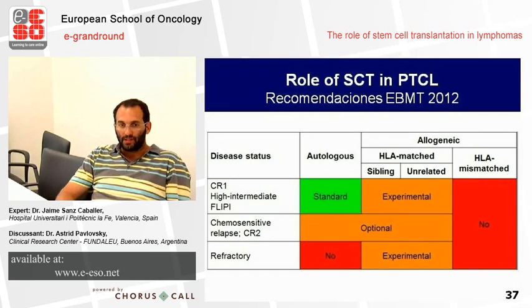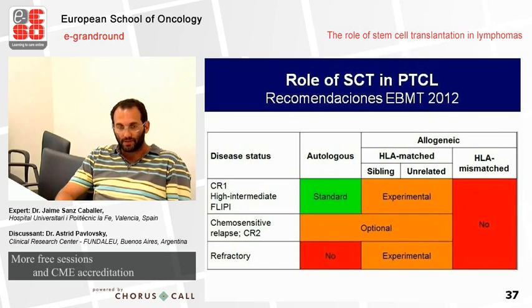Slide number 37. To conclude, the recommendations of the EBMT for peripheral T-cell lymphomas. Peripheral T-cell lymphomas usually have a very poor prognosis. Results exist from phase 2 trials and multi-center retrospective analyses suggesting a positive effect of autologous transplant. These patients should, however, be included in prospective clinical trials.